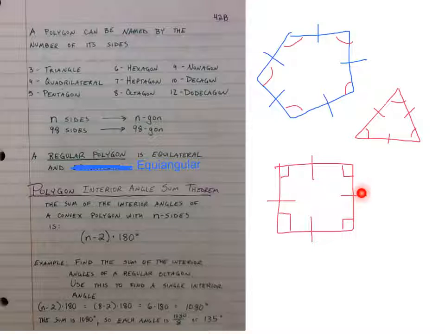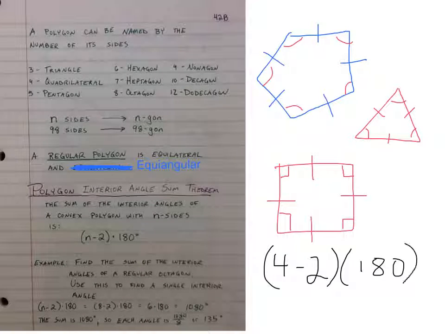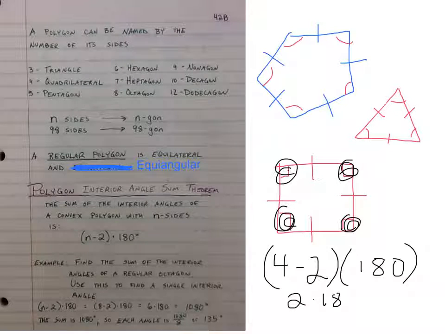So what we can say is 4 minus 2 times 180. And that should tell us what this angle plus this angle plus this angle plus this angle equals to. So we calculate it out, 2 times 180 equals 360. And that is consistent with our understanding of 4 90-degree angles. 4 90-degree angles add up to 360.